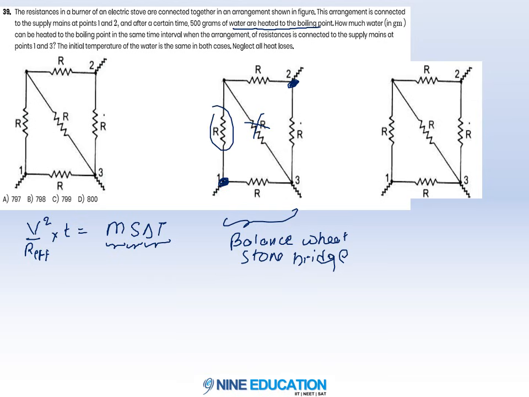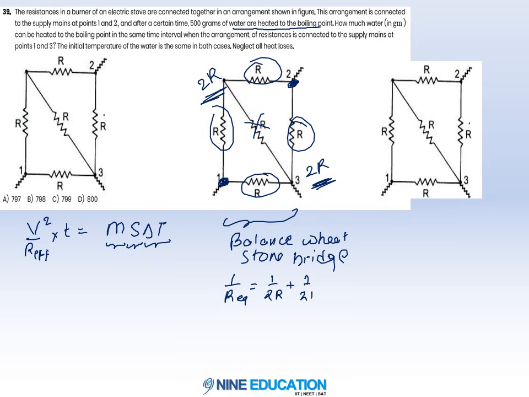These two are in series combination, their equivalent becomes 2R. These two are in series combination, their equivalent becomes 2R. And this 2R and this 2R are in parallel combination, so R equivalent we will get 1 upon 2R plus 1 upon 2R. So 2 upon 2R, R equivalent is R.